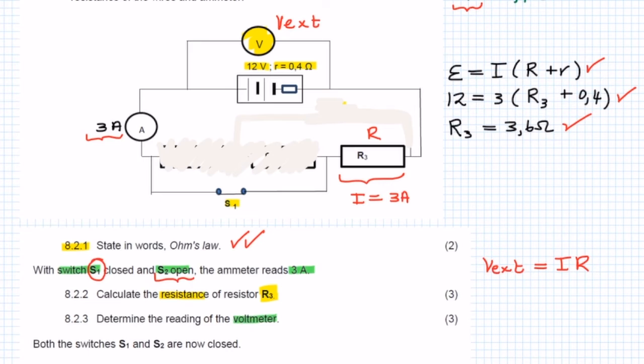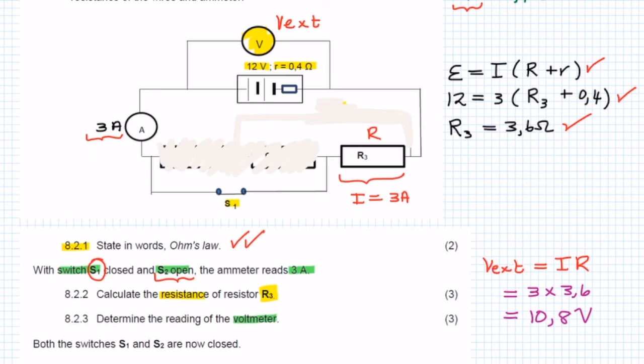In this case, R3 is the only resistor. So we say the current is 3, the resistance we just calculated to be 3.6. Plugging this into our calculators, we determine the final answer to be 10.8 volts.